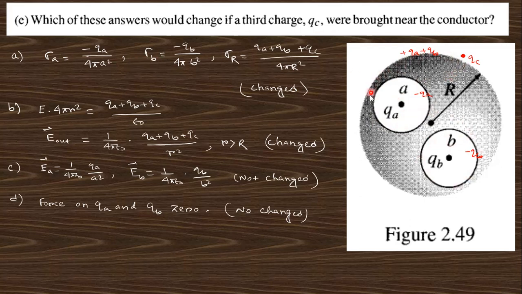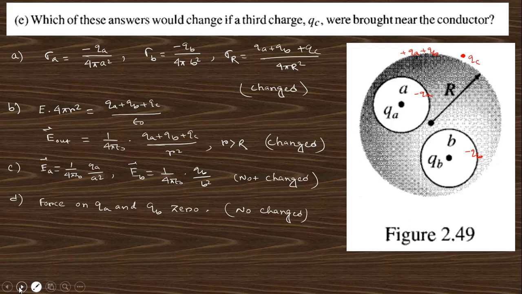But in the case of the metal at this outer surface r, the additional qc charge will be present, so this will change. And the electric field at the outer region will also change, because the total charge changes from qa plus qb to qa plus qb plus qc. The electric field inside the cavities will be the same, because this charge will not be affected, and the force will also be 0, because the electric field is 0 due to this charge. So only the outer surface charge density and the outer electric field change, and the others will be the same.